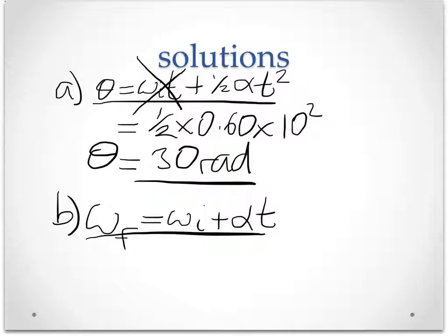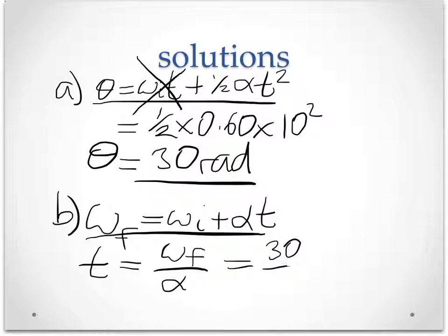Rearranging that and solving for time would give you this simplified equation, because omega i, the initial velocity, was 0. So substituting in the values, we have omega f was 30 divided by 0.60. That gives us 50 seconds.